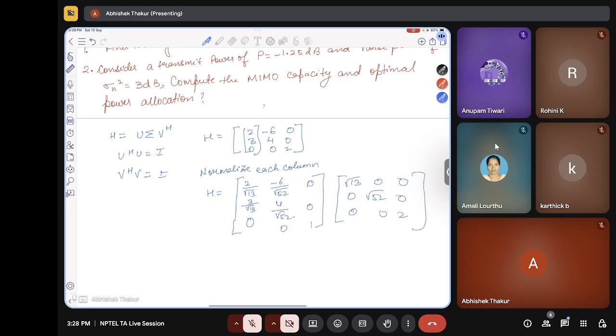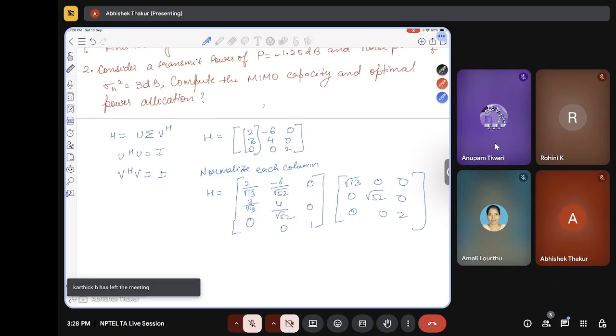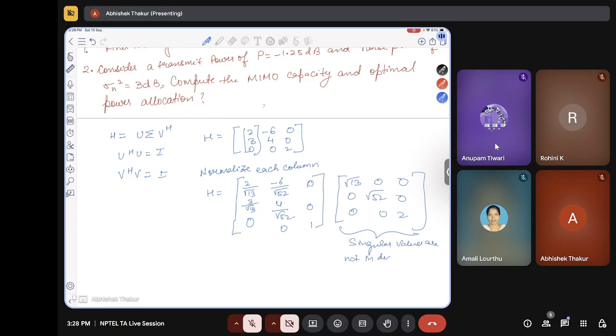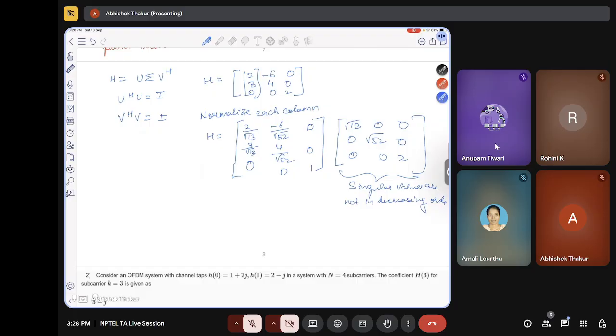So we are just trying to figure out the U matrix. But here we can see the singular values are not in decreasing order because square root of 13 is less than square root of 52. So for that, we will write it in decreasing order. So we will exchange column 2 with column 1.